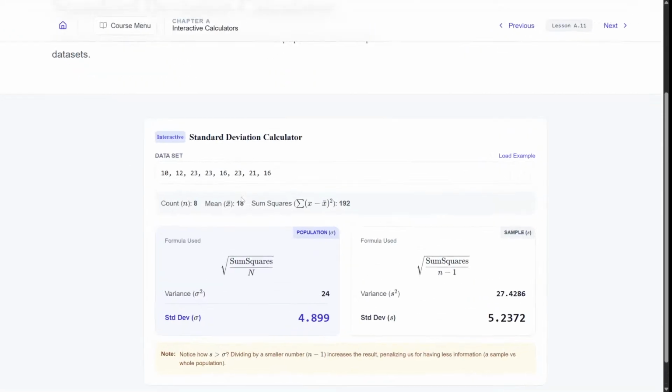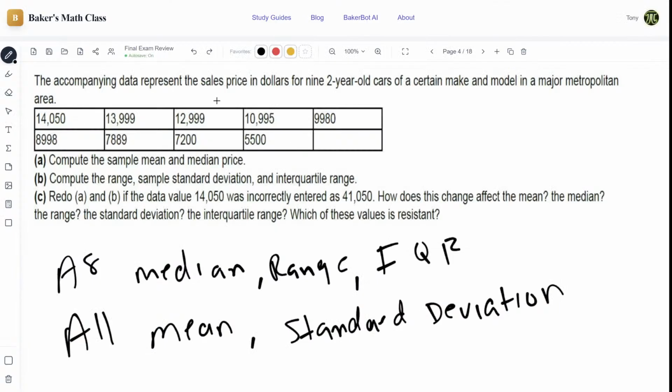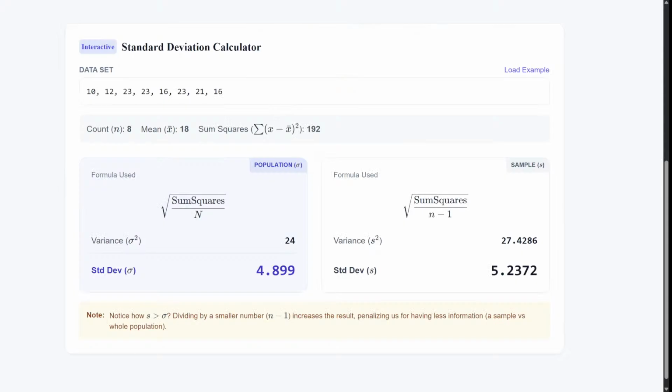For example, here you type in the data set, and it gives you your standard deviation. The piece that you have to make sure of is that you're using the correct one for standard deviation. This one says data represents the dollars for 9 2-year-old cars. Is that the entire population, or is that a sample? That is a sample. So we're going to want to use the sample standard deviation, not the population standard deviation. And then the mean doesn't matter for those two. The mean's right there.